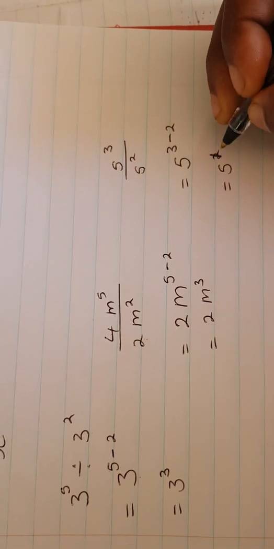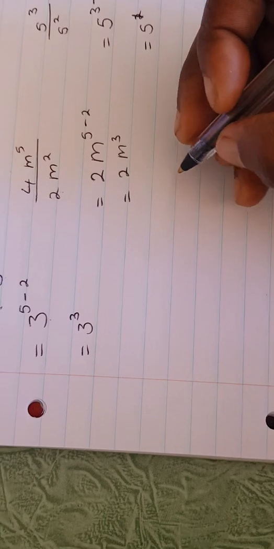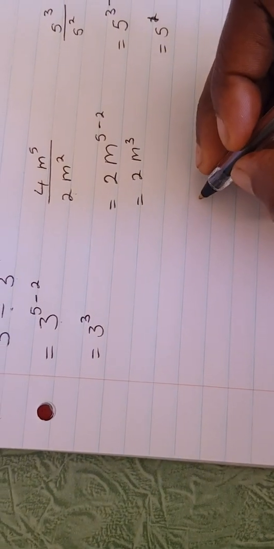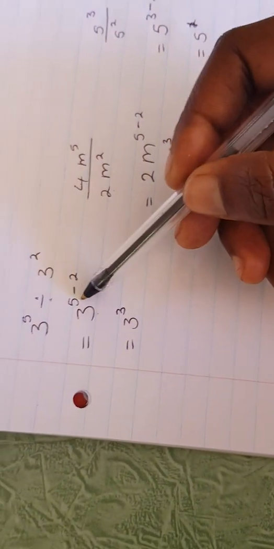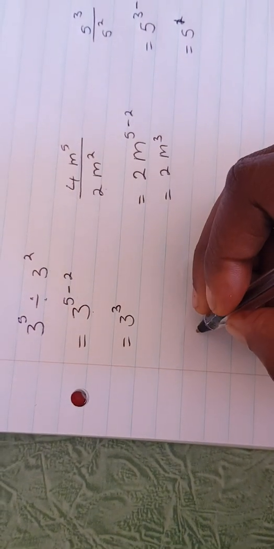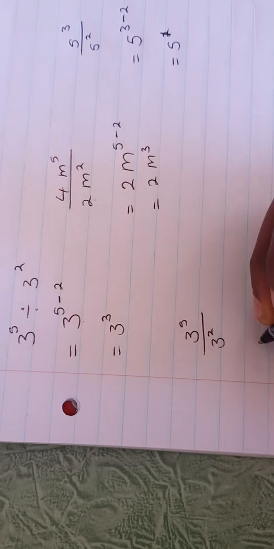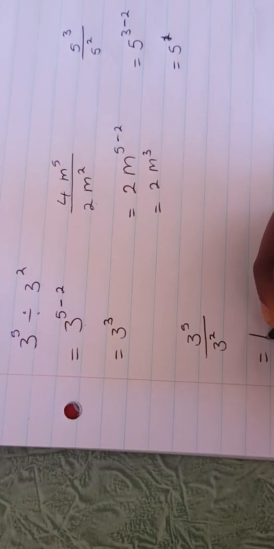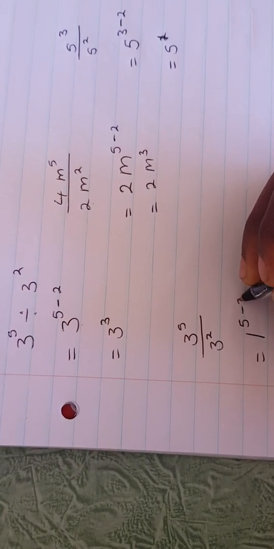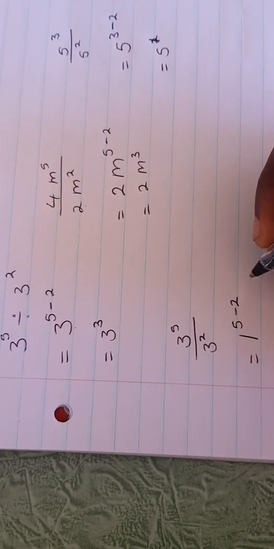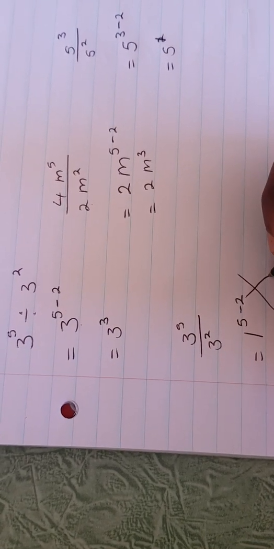The misconception that I see with the learners is that learners do this. Let me go back to this one. They have maybe 3 to the exponent 5 divided by 3 to the exponent 2, written in this format, and learners would say 1 to the exponent 5 minus 2. No, we don't do that. This is wrong.